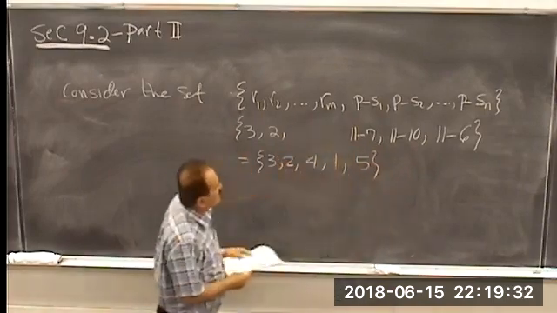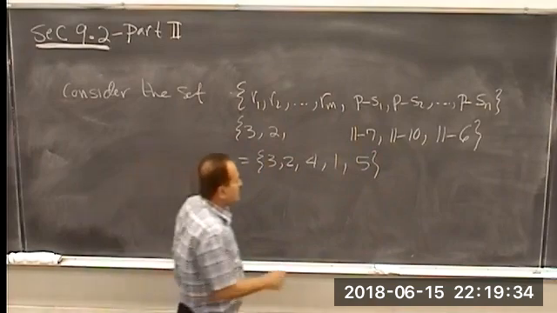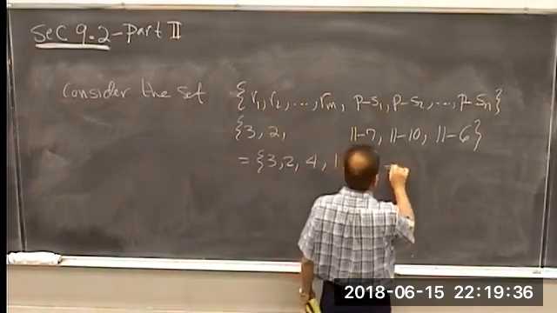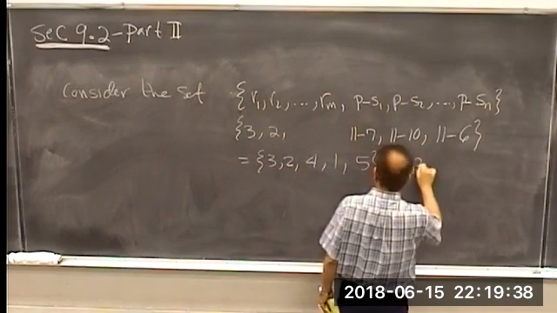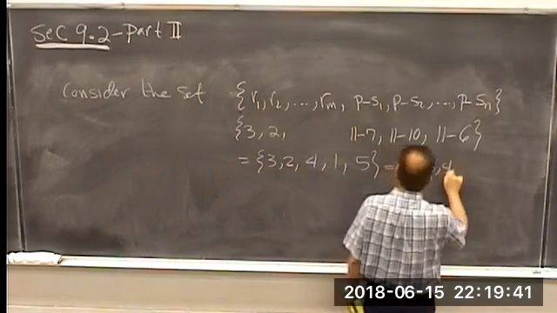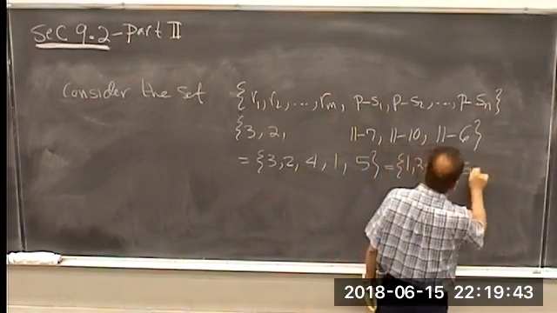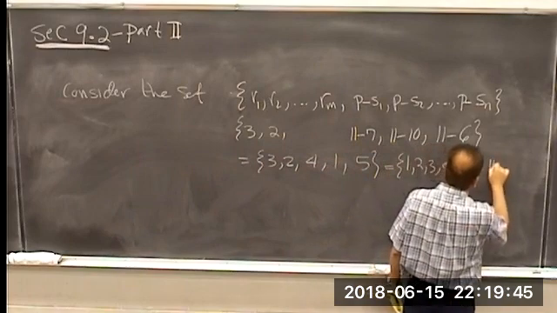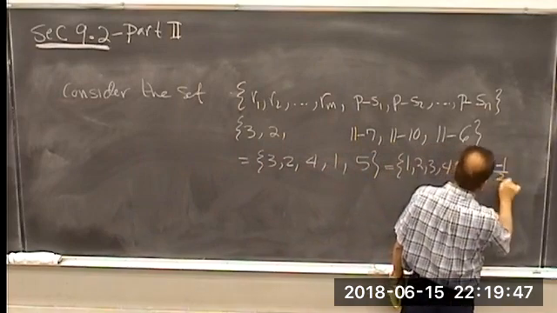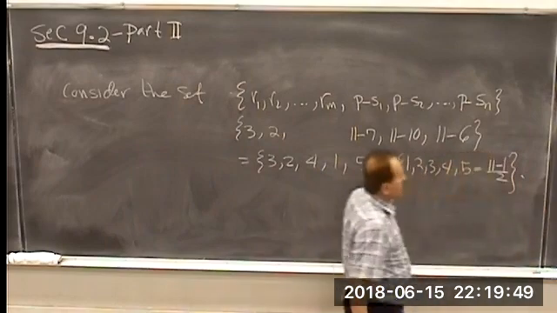So these are the same as these elements, because we write them as 1, 2, 3, 4, 5, and 5 is equal to 11 minus 1 over 2. Okay?